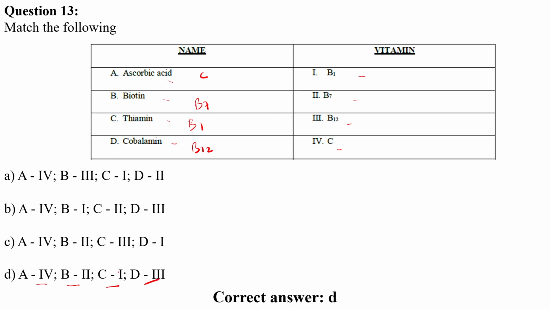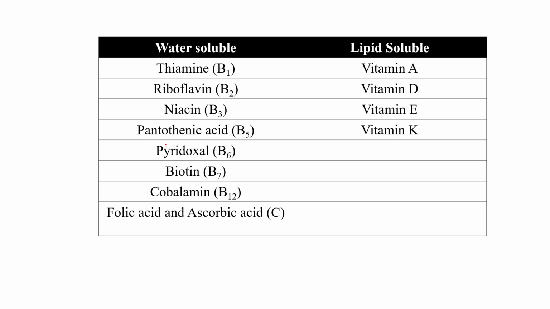So we have vitamin C as ascorbic acid, vitamin B7 as biotin, vitamin B1 as thiamine and vitamin B12 as cobalamin. Okay, so just for the revision we will go through this once again. So we had water soluble vitamins and lipid soluble vitamins.